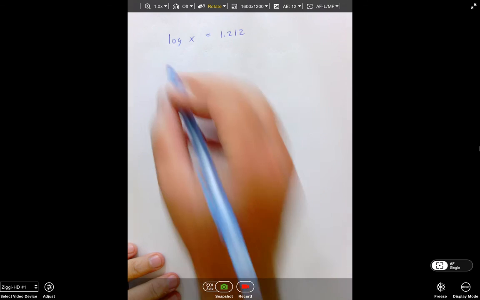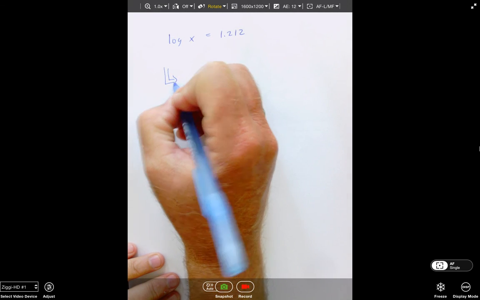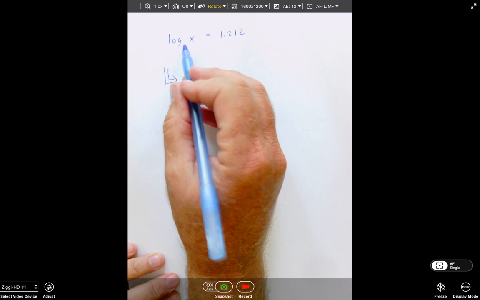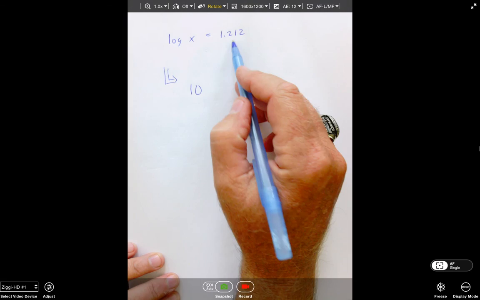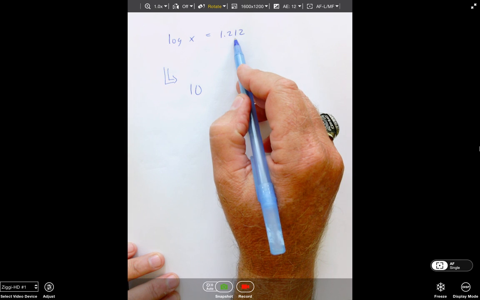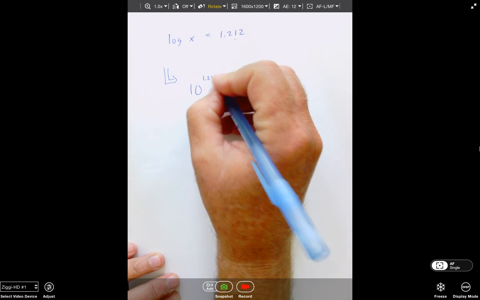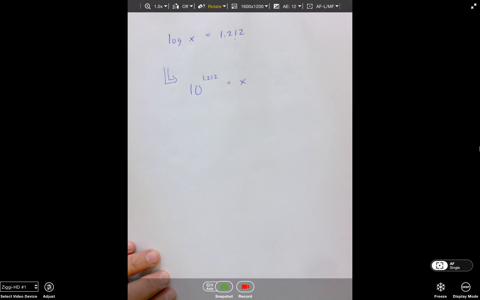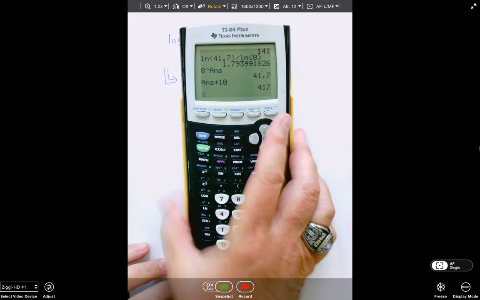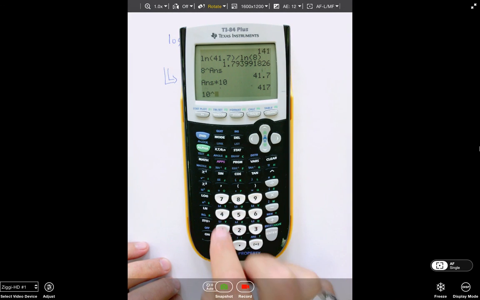So what I would do here is understand that if there's no base there, it's base 10. This is the answer to the exponent, and that's what this is equal to. So guys, this is as simple as putting 10 raised to the 1.212 power. I think that's what I said, right?